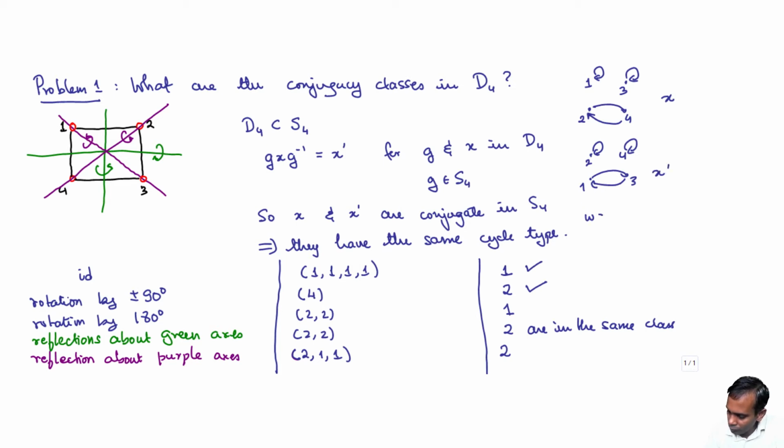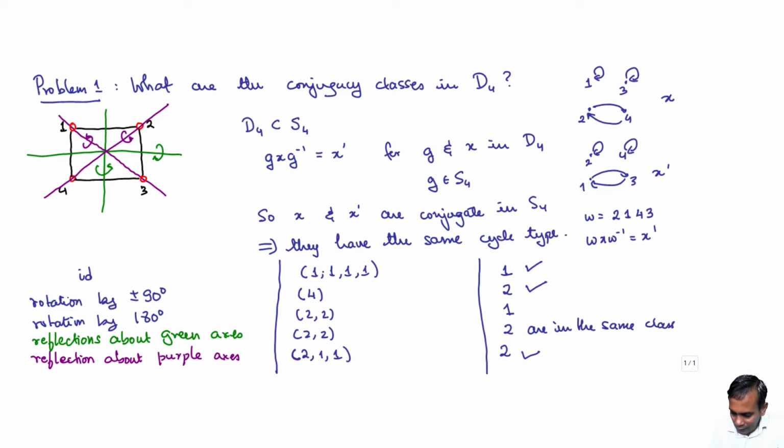So we can write W as 1 goes to 2, 2 goes to 1, 3 goes to 4, and 4 goes to 3. Now this element is a reflection about the vertical green axis, and we have W X W inverse equal to X prime.